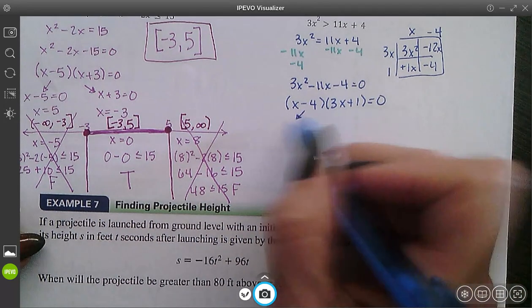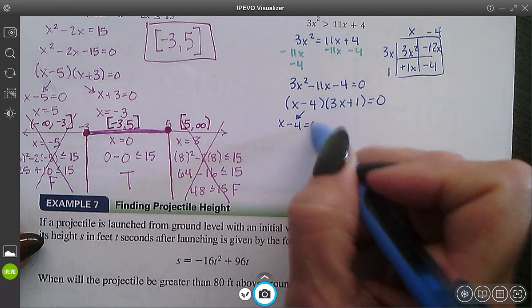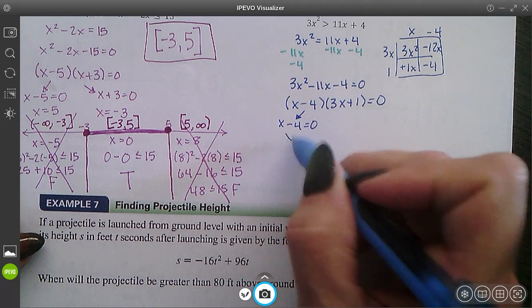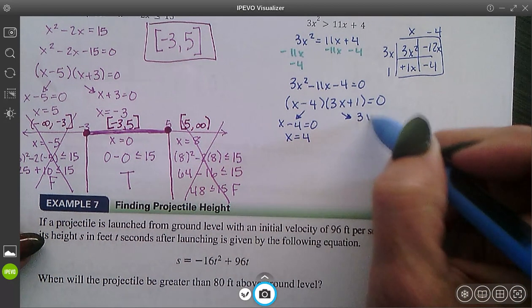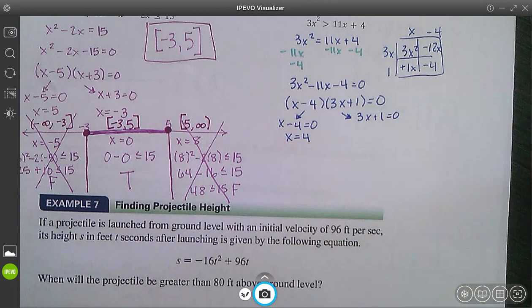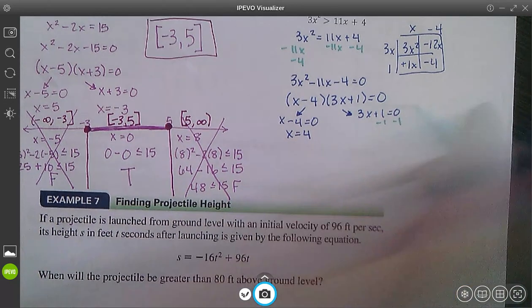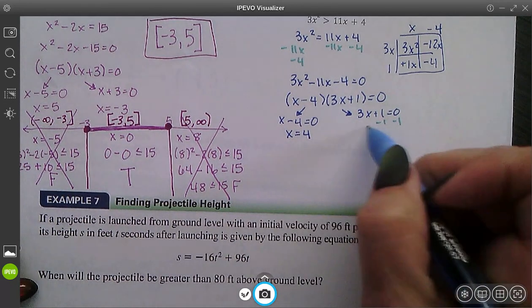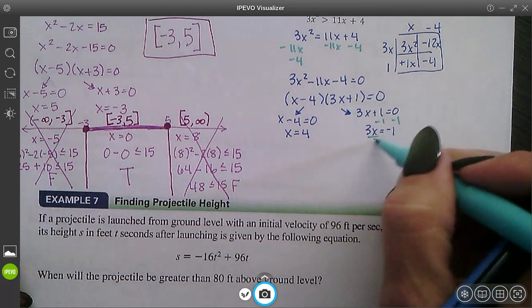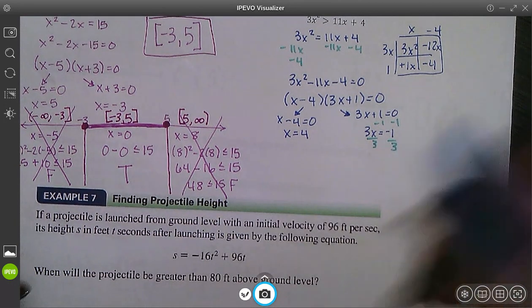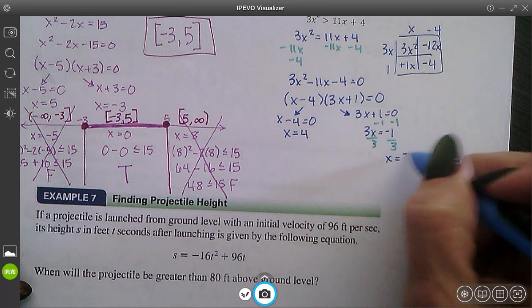Set each parenthesis equal to 0. So x minus 4 equals 0 gives me a critical value at x equals 4. Setting 3x plus 1 equal to 0, I need to subtract the 1 over. So I get 3x equals negative 1. Divide by 3. And that other critical value is x equals negative 1/3.